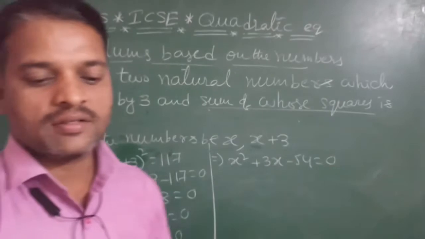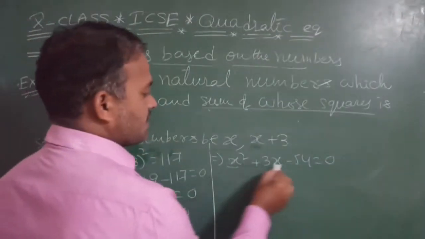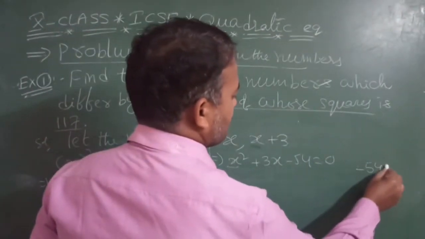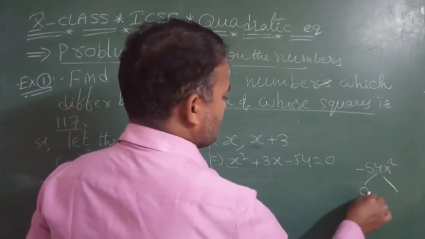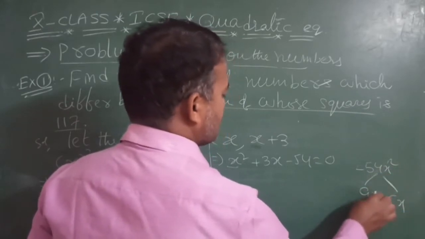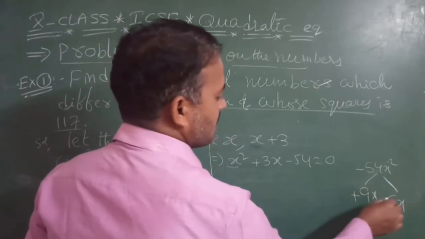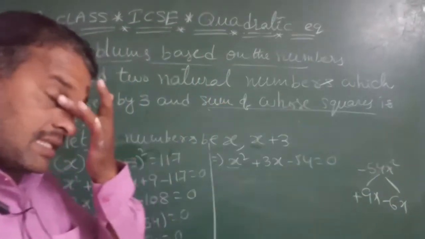Now we need to find the factors. x square into 54 gives minus 54x square. The factors are 9 and 6, so 9x and 6x. I want plus, so the big number is taken as plus and the small number as minus.